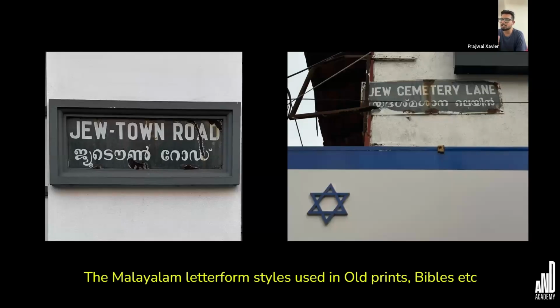So the first image is a treatment of the first print set kind of thing. This kind of treatment we can see in old documents, old Christian documents, old Malayalam documents. It's like a Latin-inspired kind of script, which is circular.